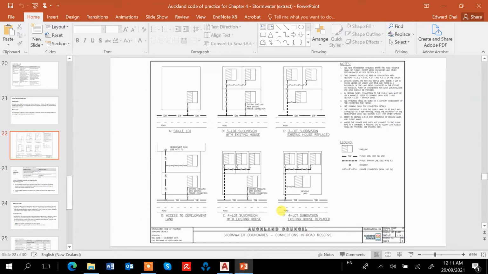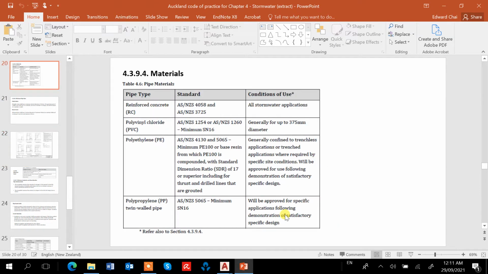There are different materials that can be used for the stormwater pipe. We could use reinforced concrete. We could use PVC, polyvinyl chloride. But PVC, if it's exposed, is gray in color, so if we're going to use the UV resistant version, it's called UPVC.